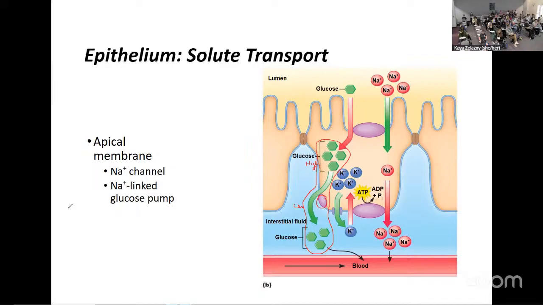Okay. And we can also, in this image, see what's happening on the apical membrane. Part of why it's so busy, we've also added stuff up there. Okay. So on this apical membrane, we can see that we now have another pump. Right, so here's another pump.